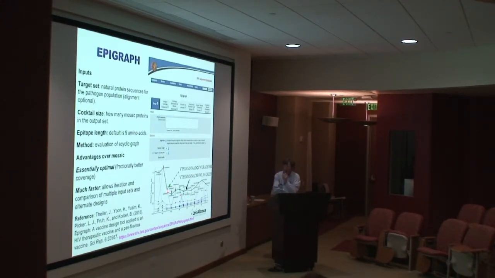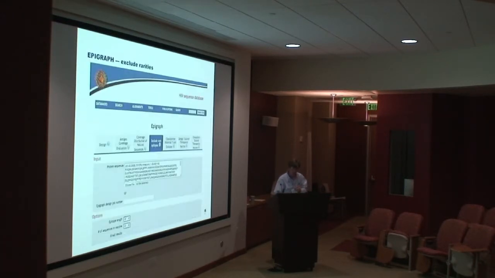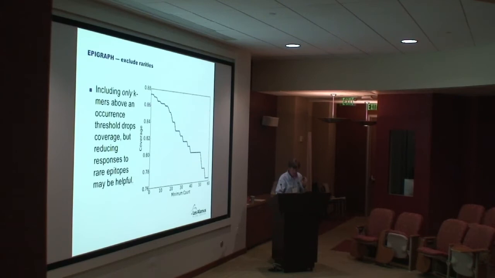You can see the frequencies here. And the point is that although the variant with a C in it, cysteine, has higher frequencies here, it has lower frequencies there. And so the one with the serine ends up with better coverage. And the point is, you can make a cocktail that has both variants in, and you get good coverage.